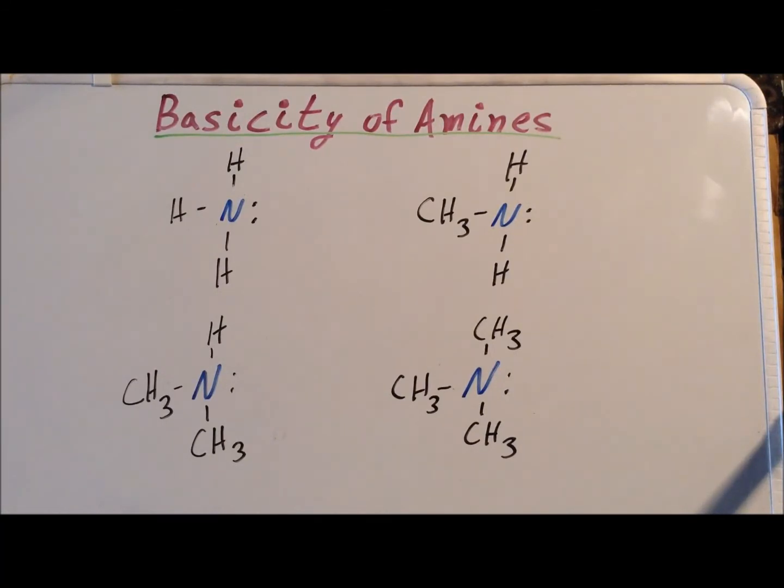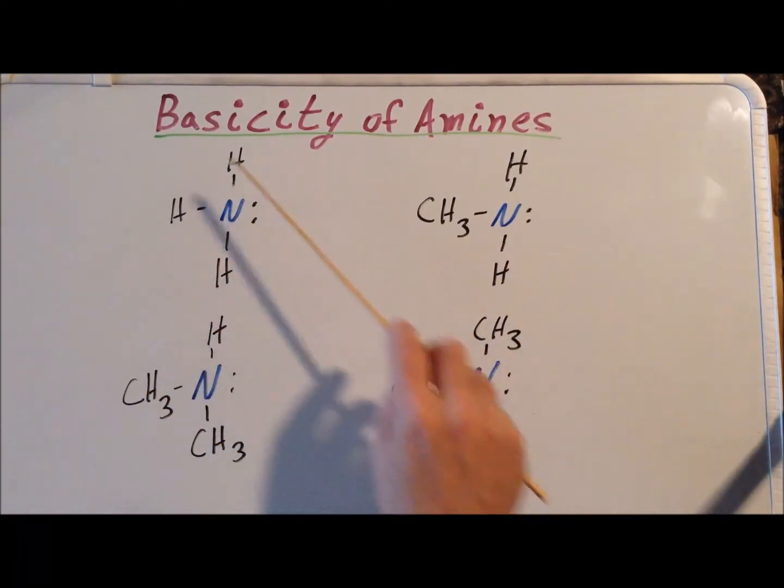So far, so good. The problem becomes when we have 3 methyl groups. Now, if we compute the basicity of this in the gas phase, we get exactly what we would predict intuitively, that 3 has a greater effect than 2, has a greater effect than 1, has a greater effect than 0.